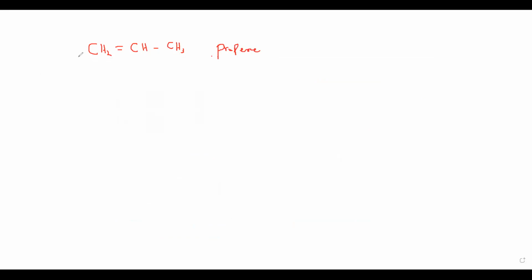Whenever there is a double bond, we call that molecule a monomer.